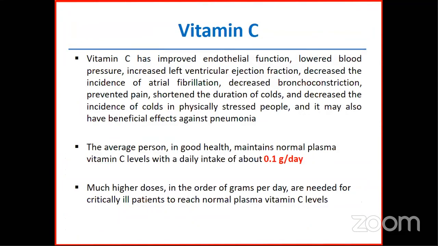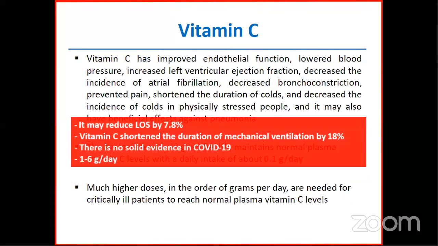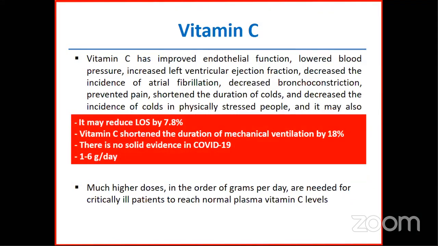Of course, there are a lot of advantages and benefits of vitamin C. We need only 0.1 gram per day of this drug normally, but in ICU, if we give it to our patient, it will reduce length of stay in ICU by 7.8%, and it will shorten the duration of mechanical ventilation by up to 18%, which is very significant. But the dose will be 1 to 6 gram per day.